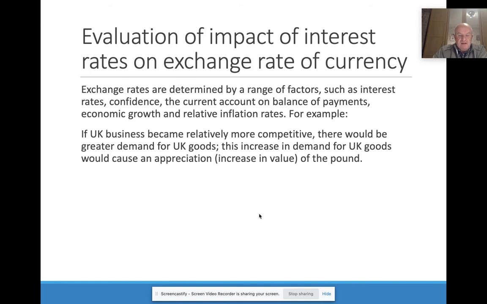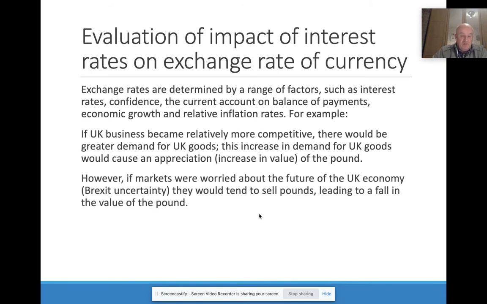If we get a greater demand for UK goods, that would cause an appreciation in the value of the pound, because more people would want to import our goods. In order to do that, they would need to change their currency. Let's say that's Germany: a German importer would need to take some of his or her euros and convert that into sterling in order to import some of our exported goods.